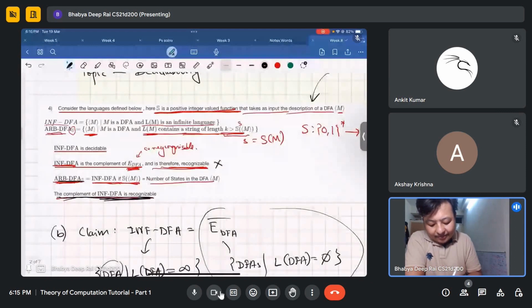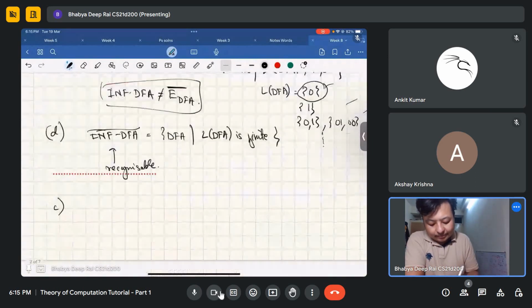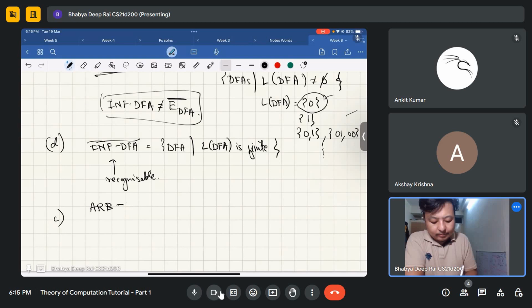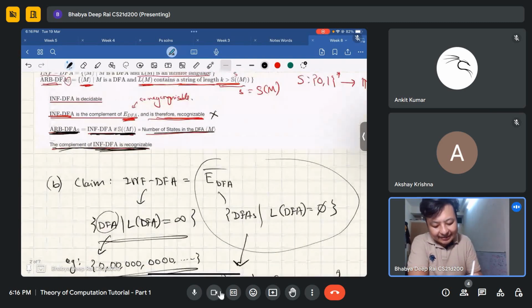C says an arbitrary DFA equals inf DFA if S equals the number of states in the DFA. Now this is really interesting. What is S?